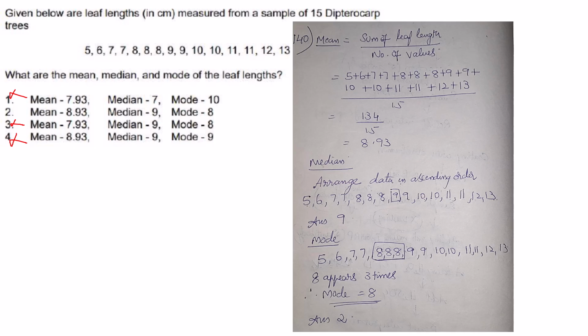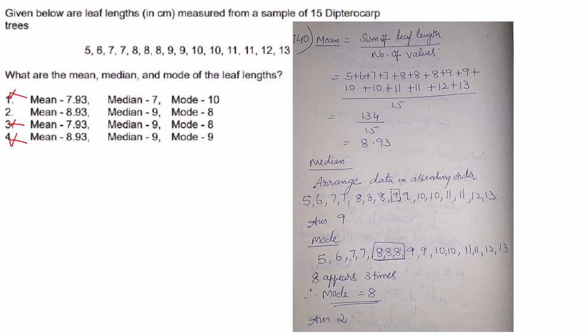If it was even, say 16, then you take the median by adding the central 2 values and dividing by 2. But here, luckily it is odd, so the median is the 8th value, so 9 is the answer. Median 9, option 2 also 9, option 4 also 9.